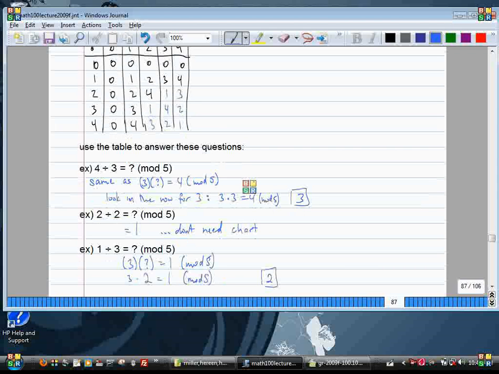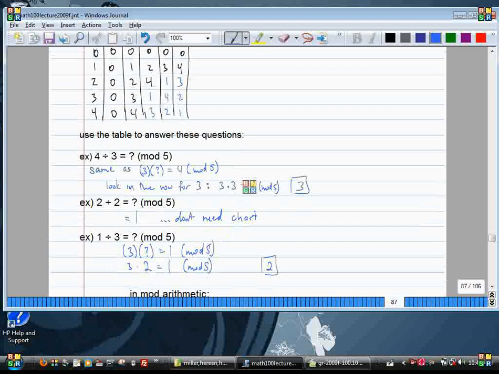So the answer is 2. Okay. So in particular, notice that we know that 1 divided by 3 equals 2 mod 5.